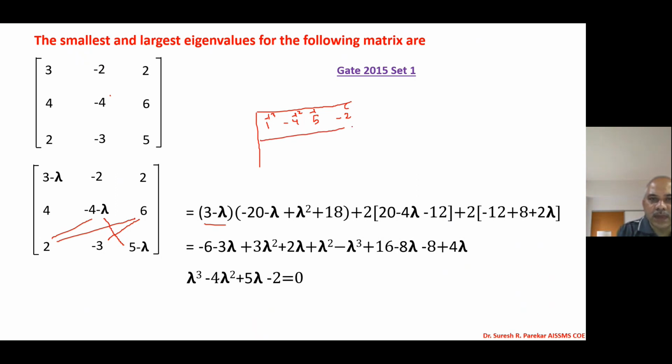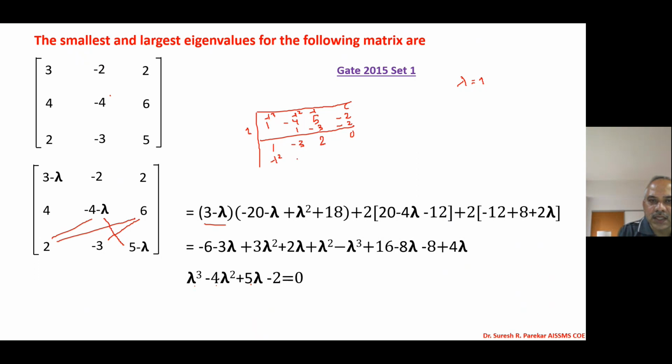Then we will say lambda minus 1 equal to 0, because 1 minus 4 minus 3 plus 5, 2 minus 2, 0. Hence we have lambda equal to 1. So I will substitute 1. So this 1 we will take below. So 1 into 1, we have 1. So it will come minus 3. Minus 3 into this 1, then we have minus 3. So it will come 2. 2 into 1, minus 2, then 0.